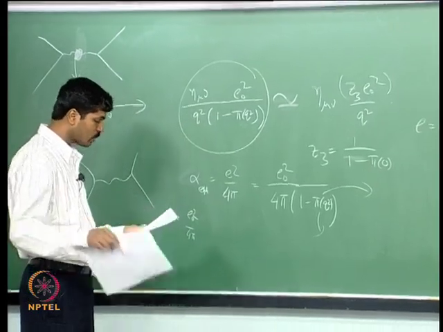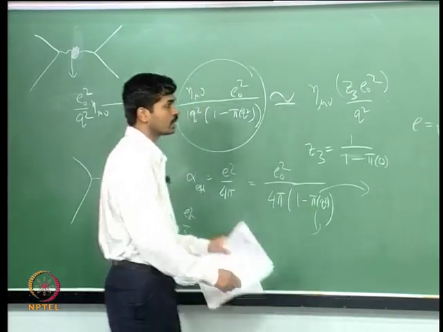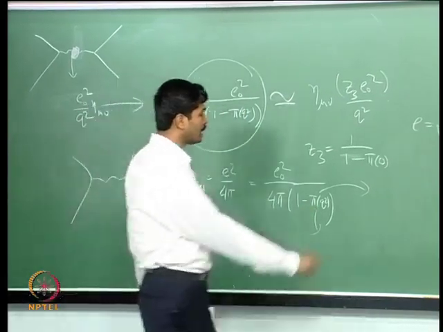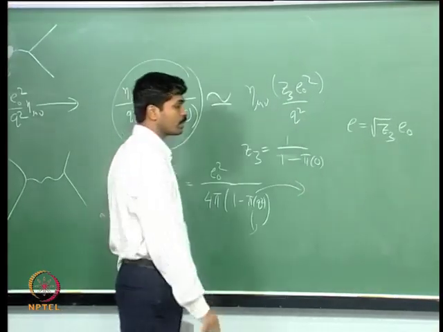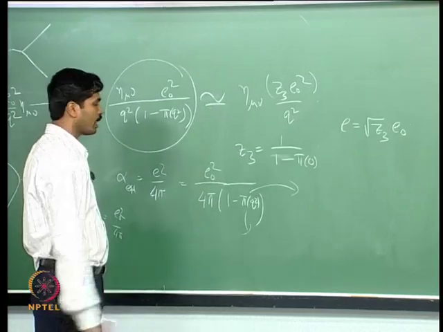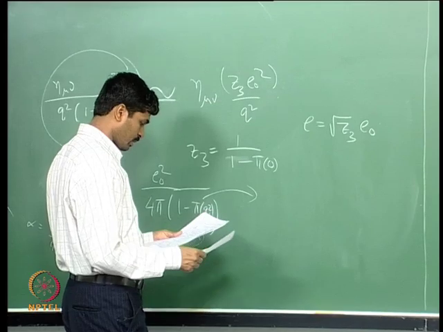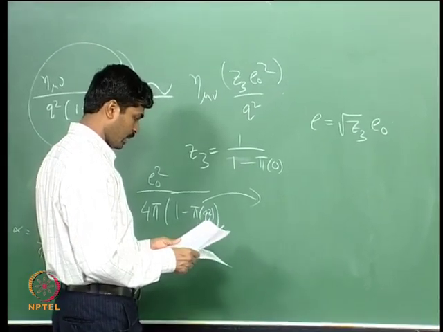So, let us now compute this pi of q squared at least to the second order. At one loop, this pi of q squared is simply given by pi 2 of q squared, and we know how to do the loop integration. So, this is what we will discuss in the remaining part of our lecture.